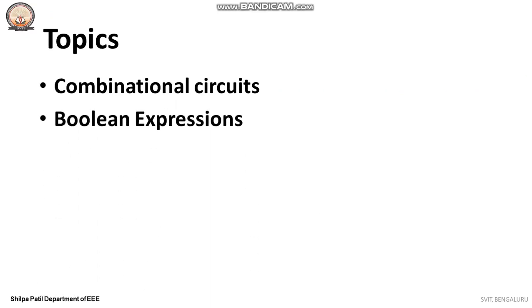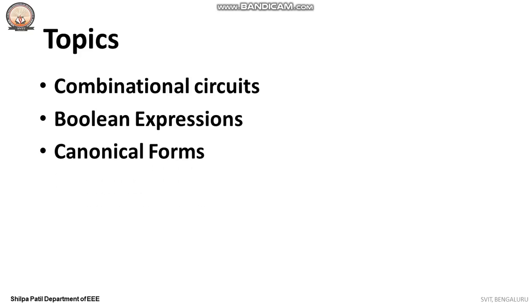Then we are going to study about the types of Boolean expressions. Then these Boolean expressions are represented in standard forms, that is, canonical forms. So by the end of this video, we will be able to convert any given Boolean expression into a canonical form.